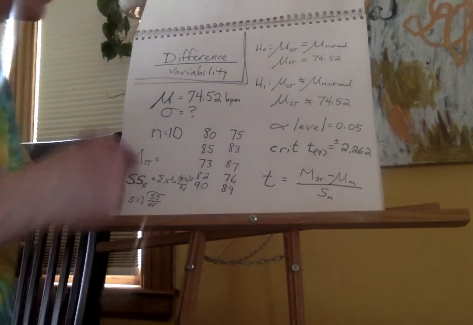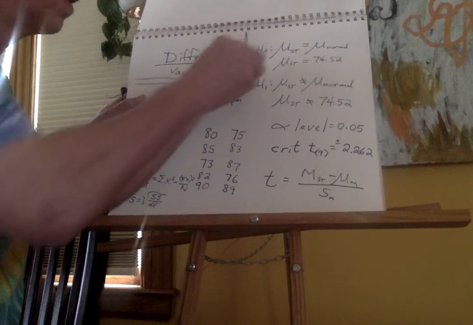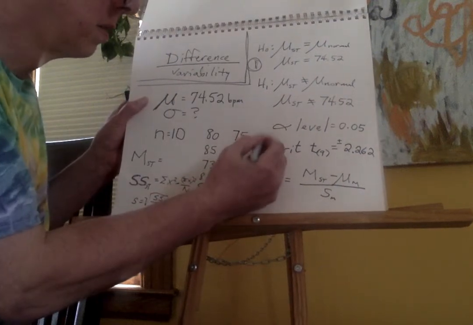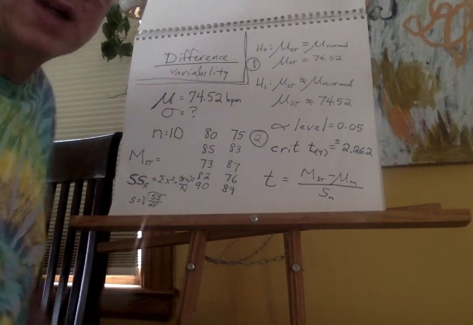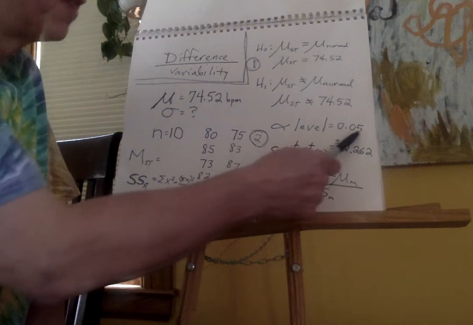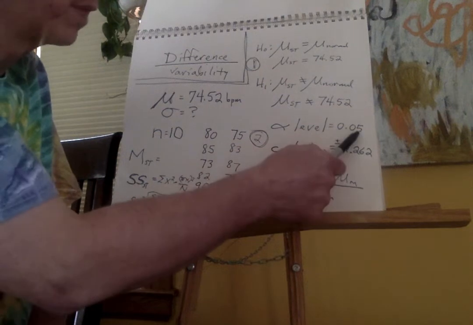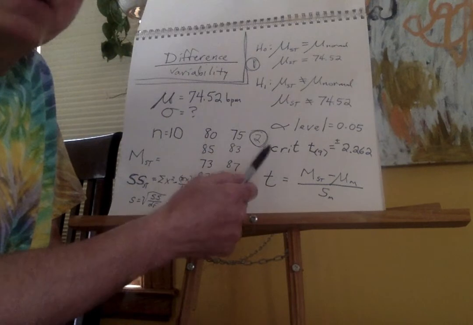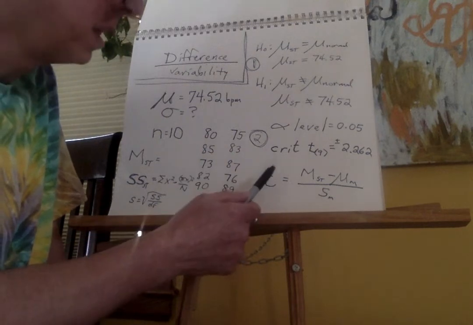Step two, so this is step one of our hypothesis testing. Step two then is to set up our criteria for making our decision. We're going to use an alpha level of 0.05, okay? We need to identify the critical value for t.